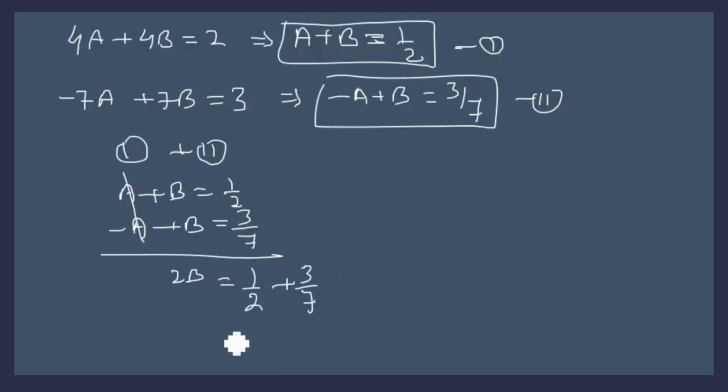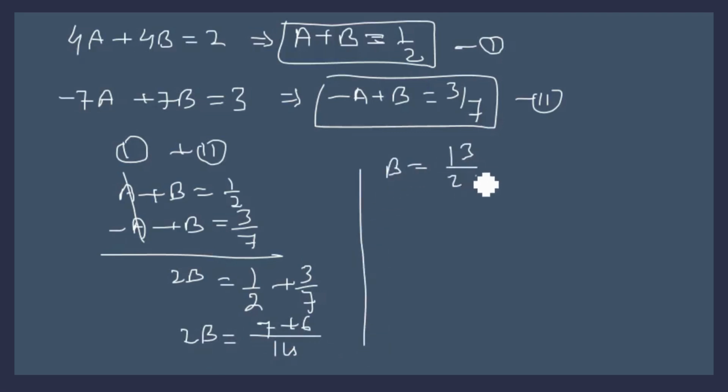So now what I can do here is just take the LCM. So this is 14, this is 7 + 6, this is 2b. So we get b equal to 13/28. b की वैल्यू आ गया हमारा 13/28.